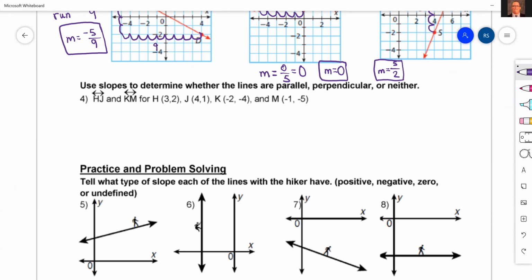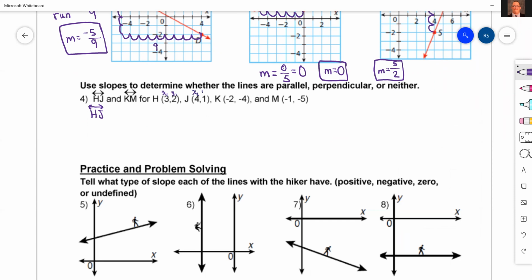Okay. So number 4 is what we just ended with on the notes. We have to use the slopes to determine whether they're parallel, perpendicular, or neither. So first they ask us about HJ. So that's going to be X1, Y1.